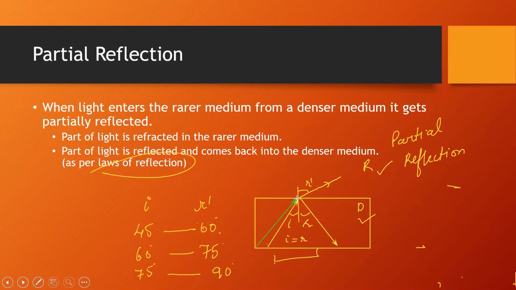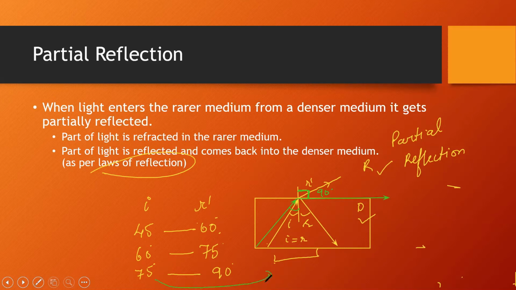So when I take an angle of incidence of 75 degrees, this is my refracted ray. Now see the angle over here. My angle of refraction would be 90 degrees. Now what will happen after this? Even here, part of the light is getting refracted and part of the light is getting reflected inside the block.